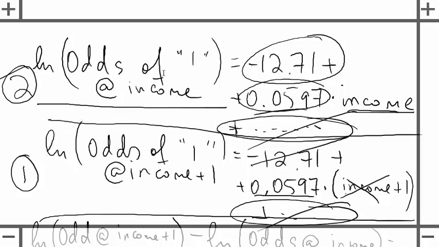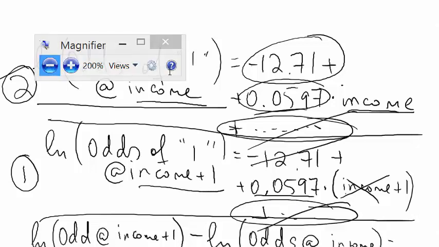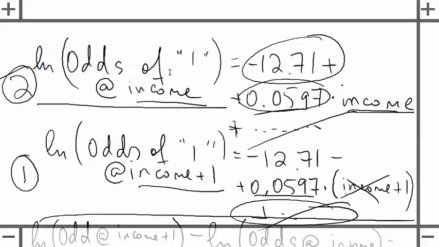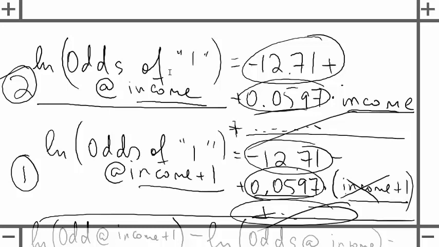And then we said, what will happen if income from the base level, current income, goes up by $1,000? Then on the right side, I'm going to have the same intercept, same slope right here, but now it's multiplied by income plus 1. And then I have plus dot dot dot, that's the rest of the variables.